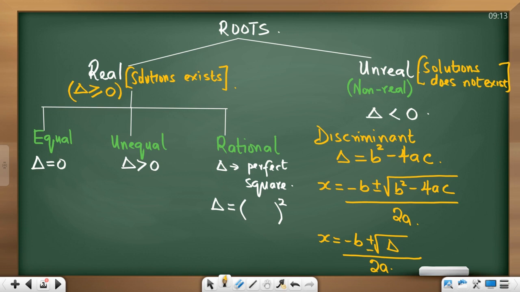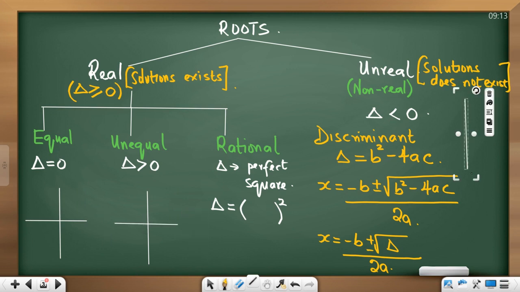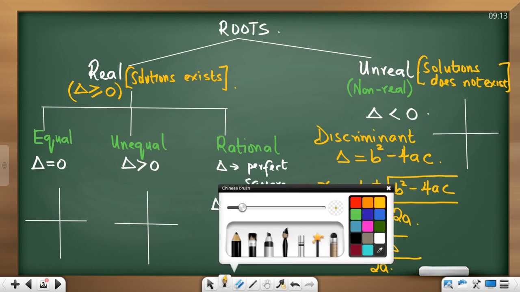When I have equal roots, or let me do that on the next page. No, we can squeeze it in here so that when you take a screenshot, you have just one screenshot. Now, when I say roots are equal, look at what your graph would look like.